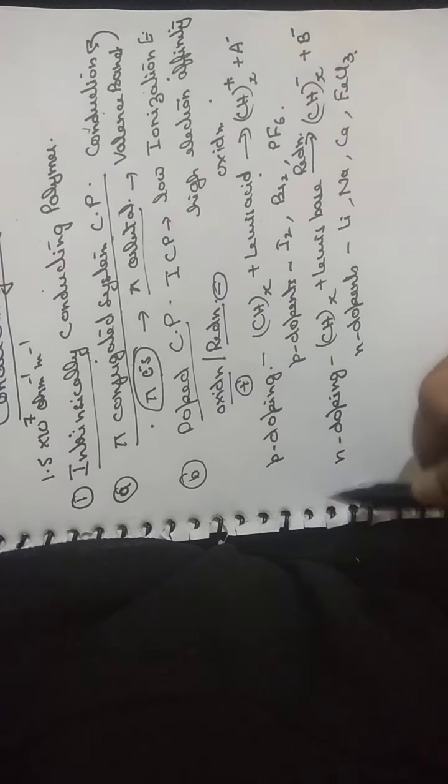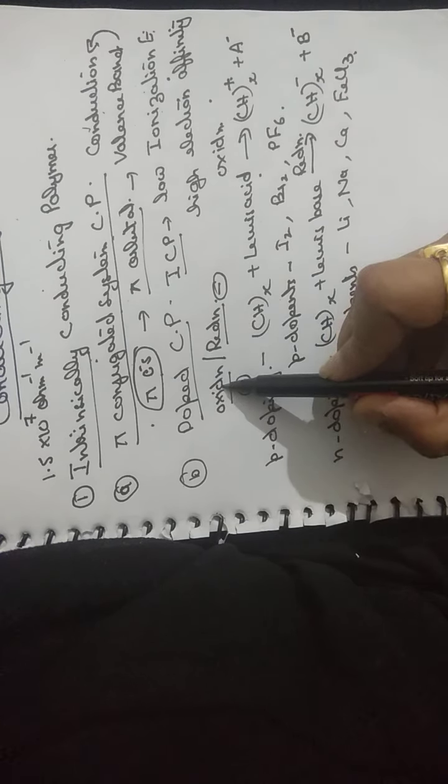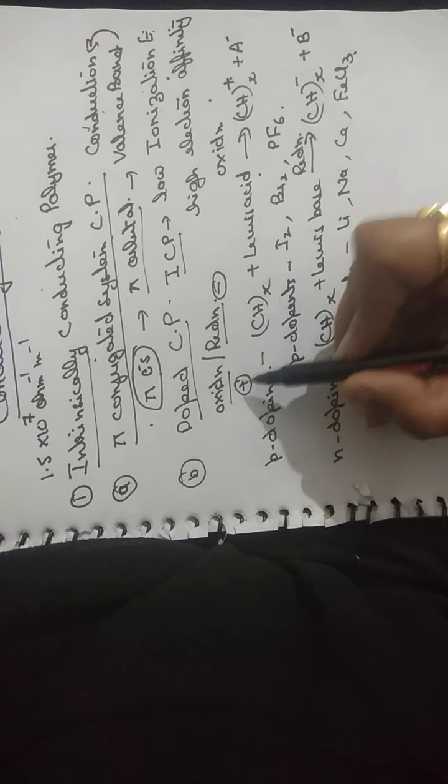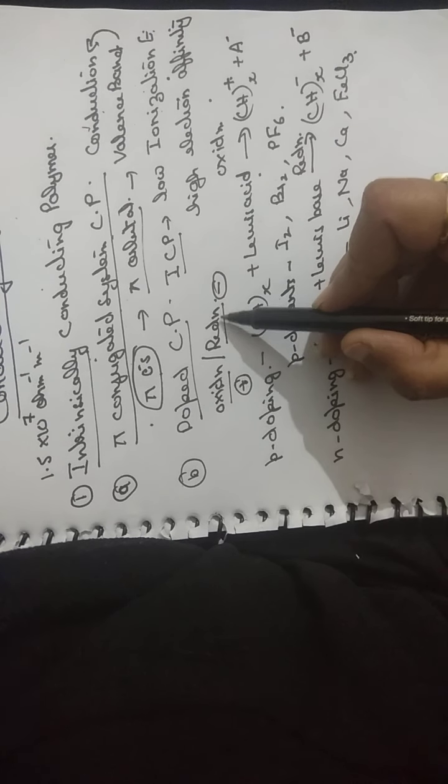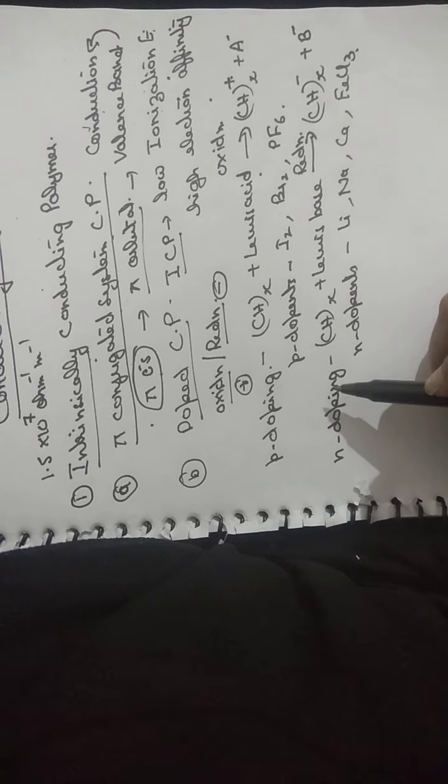The second is the doped conducting polymer. Intrinsically conducting polymers have low ionization energy and high electron affinity. Because of these two properties, they can easily undergo oxidation and reduction. When it is oxidized, a positive charge is developed on the polymer backbone, and when it undergoes reduction, a negative charge is developed.